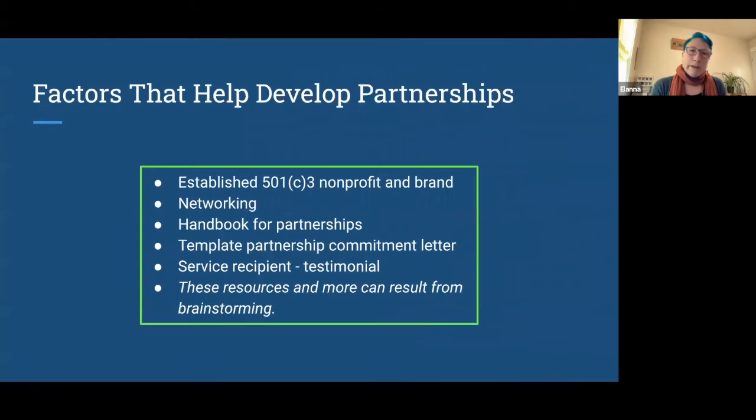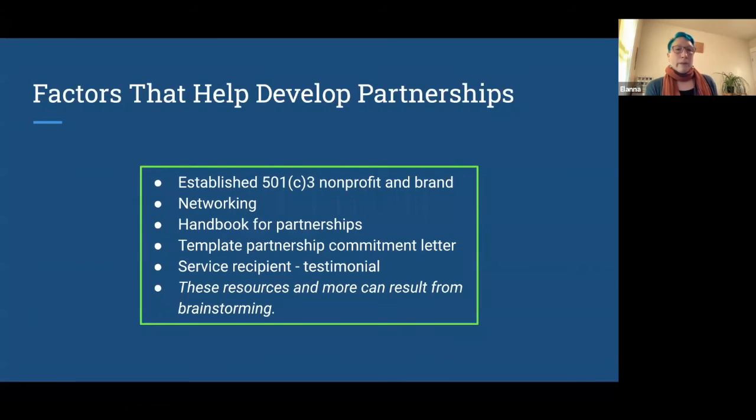Factors that help develop partnerships. Being an established 501c3 nonprofit with a clearly established brand is super helpful. Again, it's not necessary if you're still building toward that. You could become a fiscally sponsored organization that is building toward that.